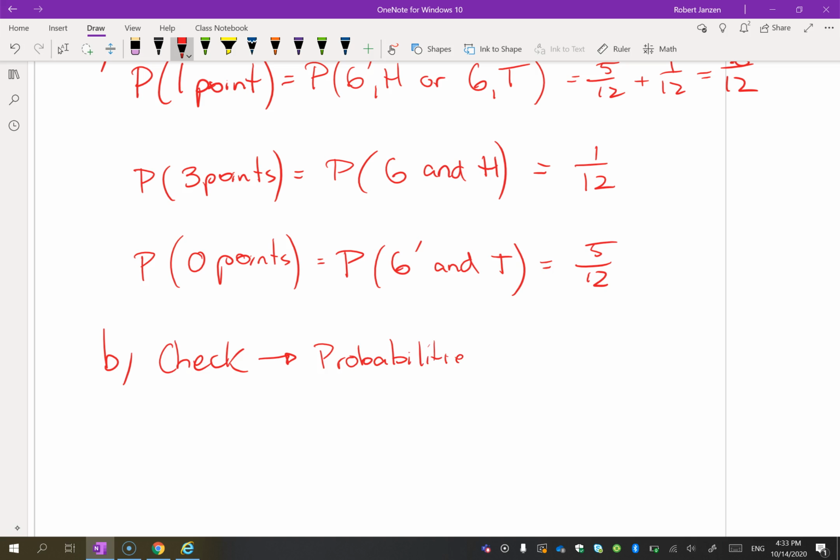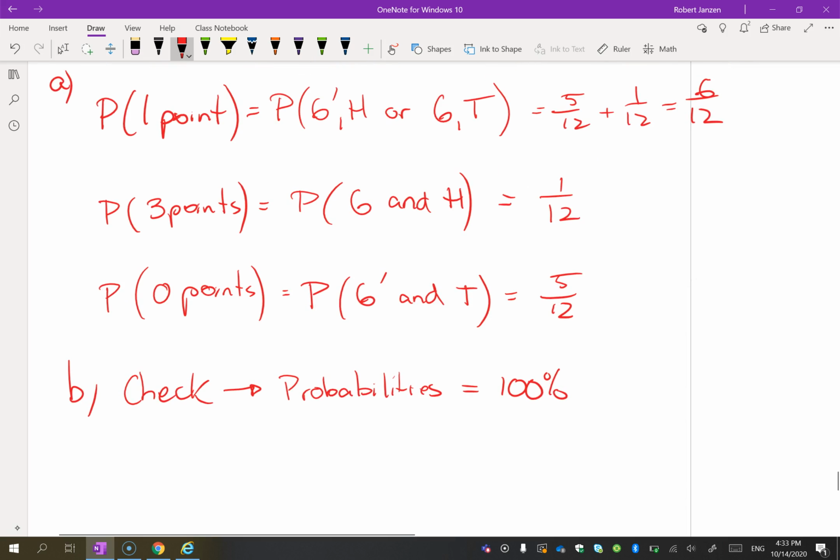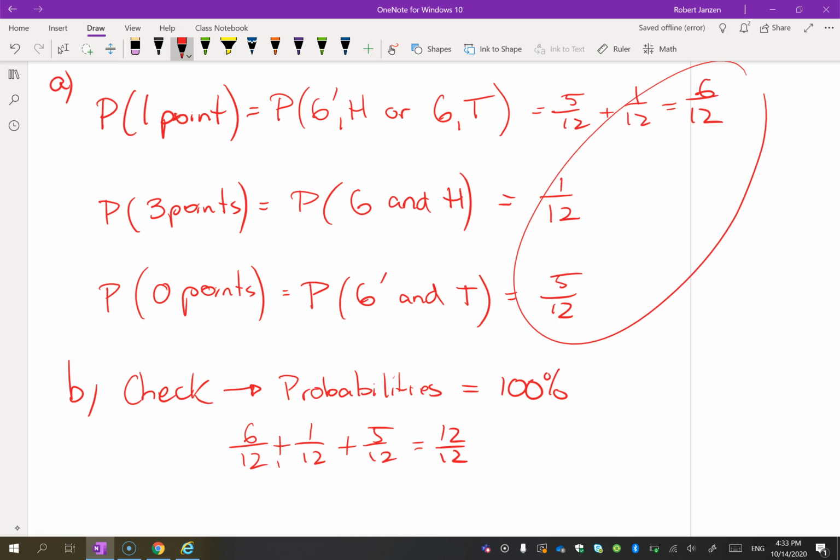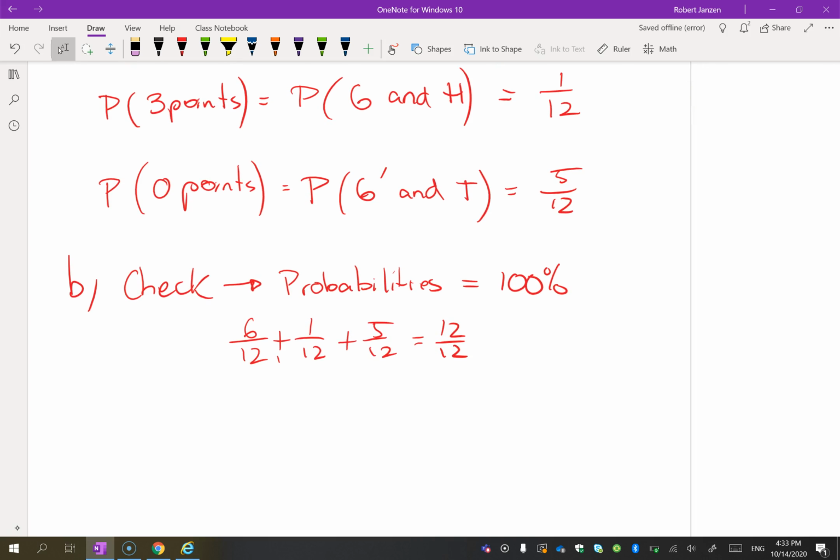So if we go 6 out of 12, 1 out of 12, plus 5 out of 12, this is 12 out of 12. So all of our possibilities here do add up to 100%. That covers everything. By the way, another way of saying 100% is that it adds up to 1.